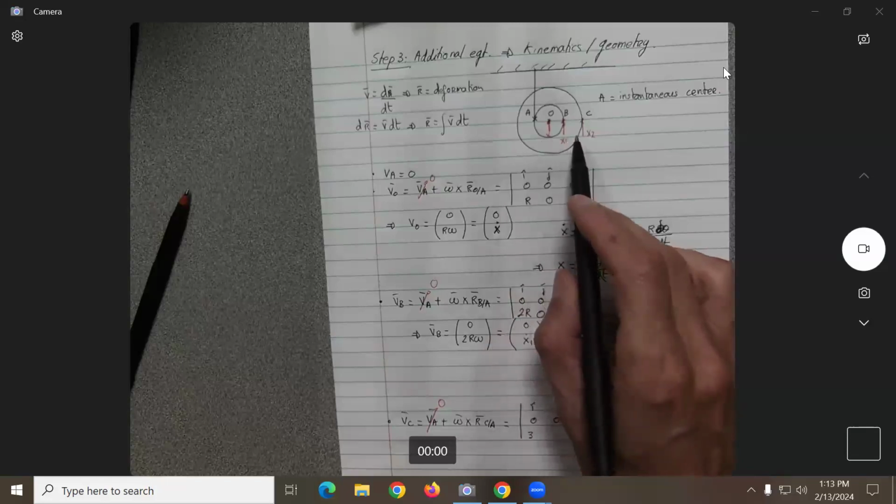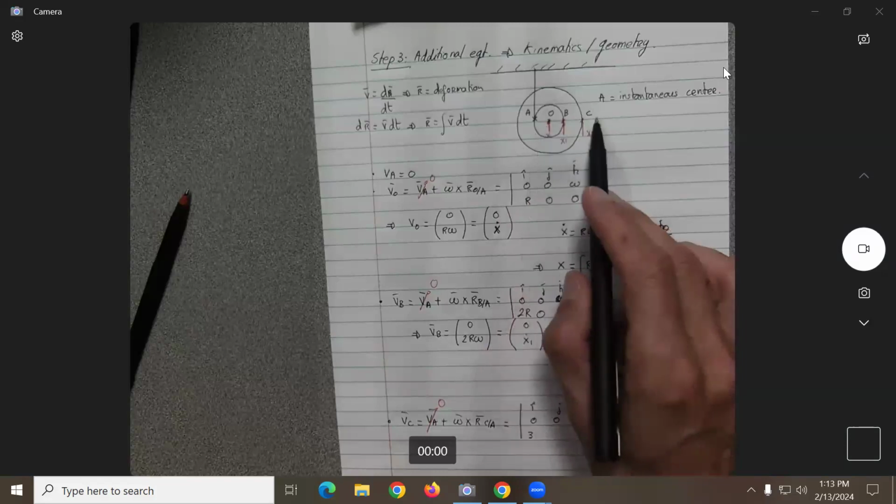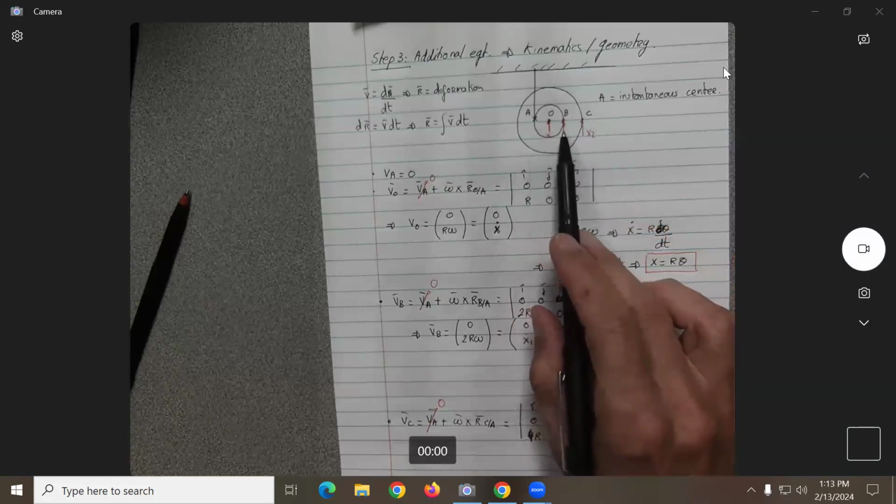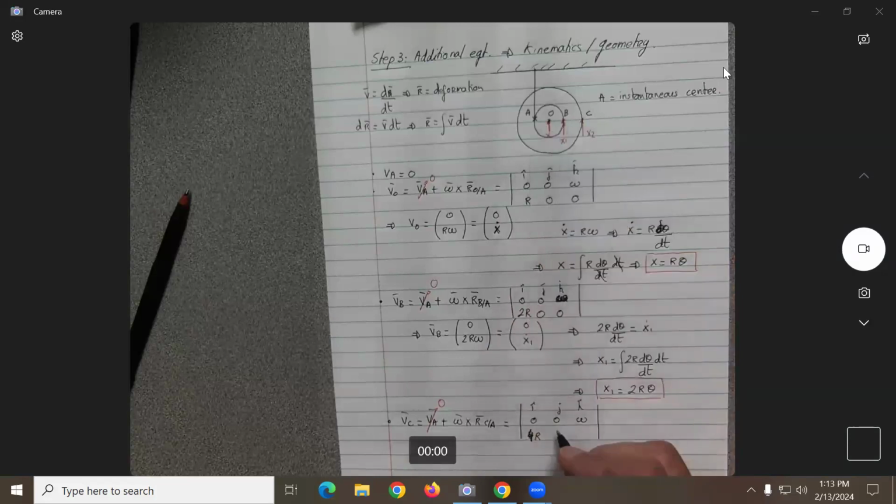Is it 4? Yeah, you're right. 1, 2. Yeah, because it's 3 plus 4. Yeah, thank you. So here was R, 2 R's. Yeah, it's 4. 4R, 0, 0. So basically, this is going to give what?